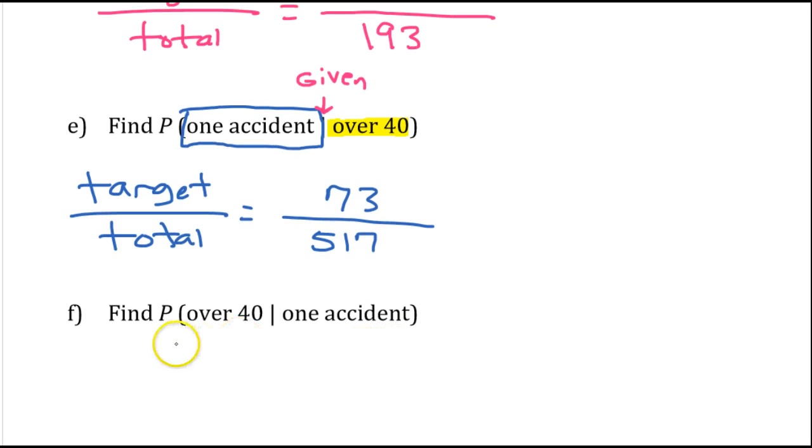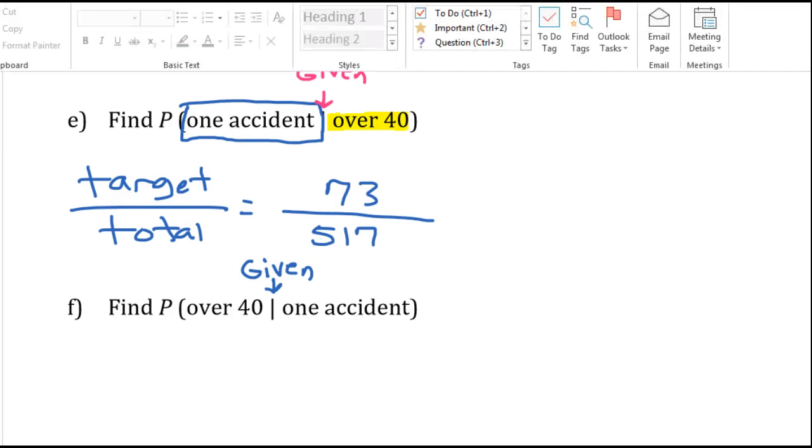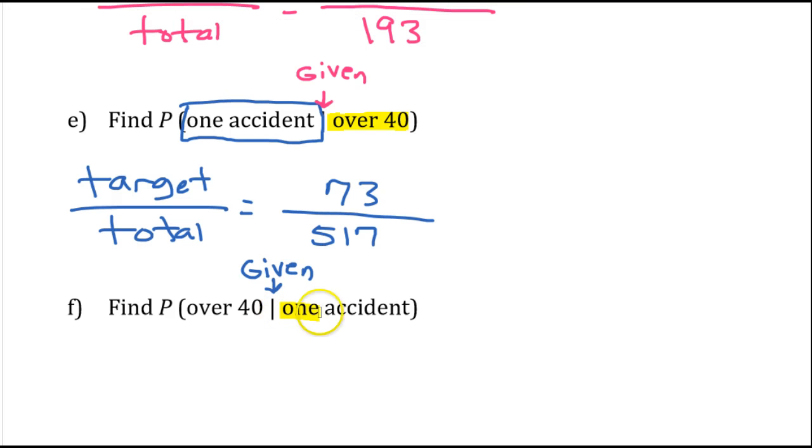How about the probability of a person being over 40 given that they have one accident? Again, this line means given. The way we do it is we start with the given and we throw away everything else.